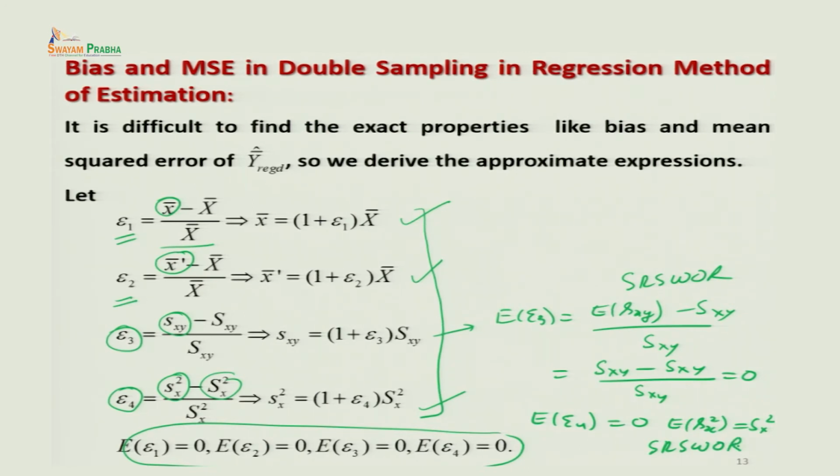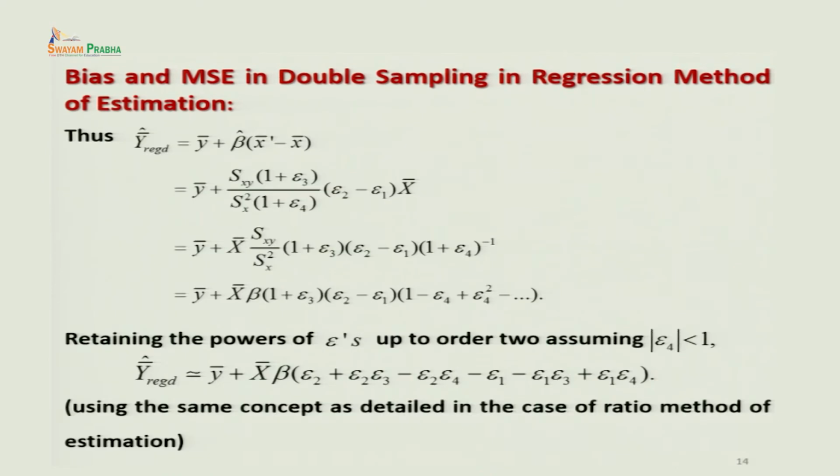Okay, so now we have to use these definitions of epsilon 1, epsilon 2, epsilon 3, epsilon 4, and substitute them in this regression estimator under the double sampling. So you can see here this beta hat is actually Sxy upon Sx square. So now I substitute all these epsilons.